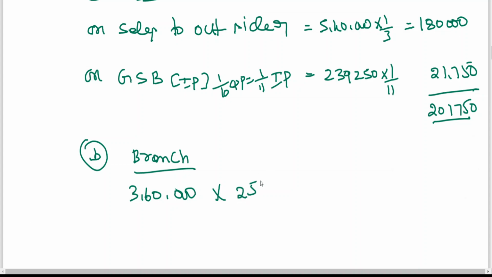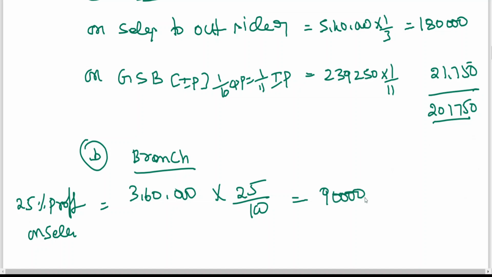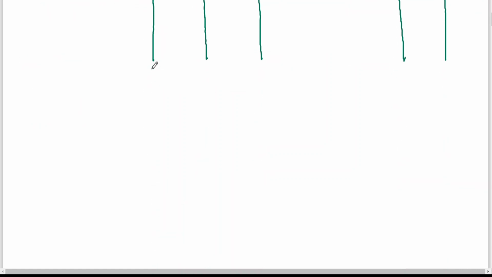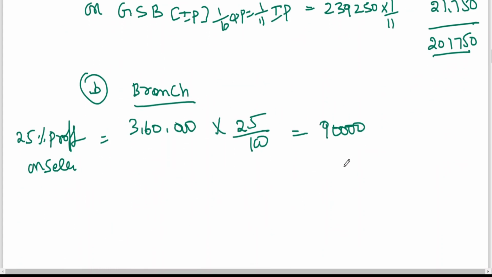Information has been given directly on profit, 25% profit on sales. That is 3,60,000, 25%, you're getting 90,000. Now let me take these two things to gross profit carried down: we got 2,01,750, and here we got 90,000.